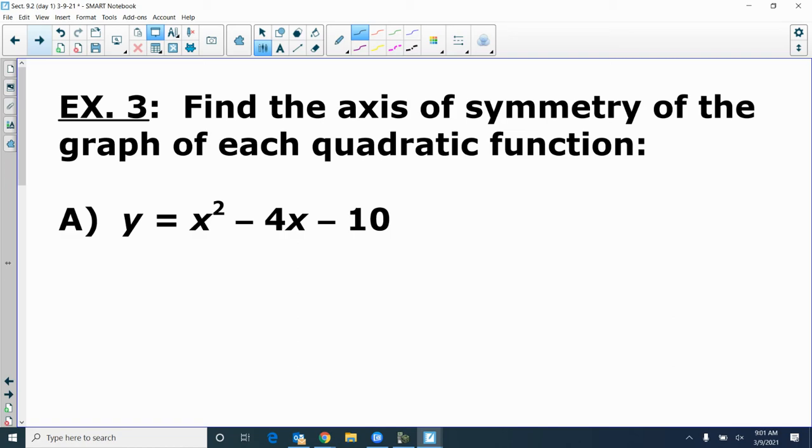All right, now take a look at this one here. What's the axis of symmetry of that equation? Morgan? I don't know.